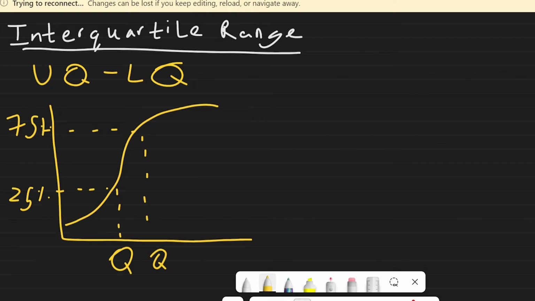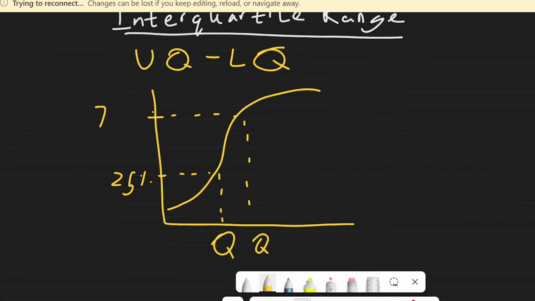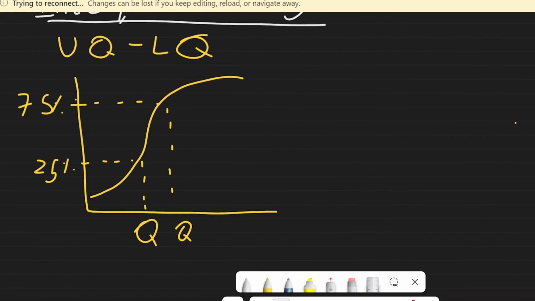So what does that essentially mean? It means that for the lower quartile, 25% is reached.